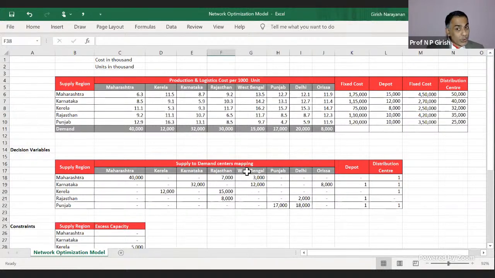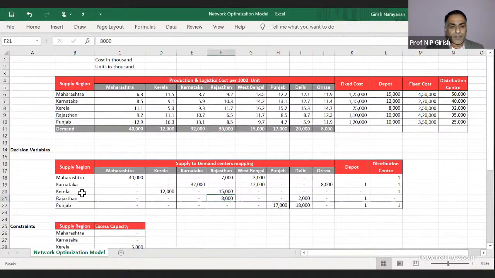Okay. The solution was to set up a DC in Kerala. To which all markets is the Kerala DC supplying? To Kerala itself and to Rajasthan. Rajasthan, what's the total demand? 30,000. So Rajasthan is being supplied from Maharashtra, from Kerala, and from Rajasthan itself.